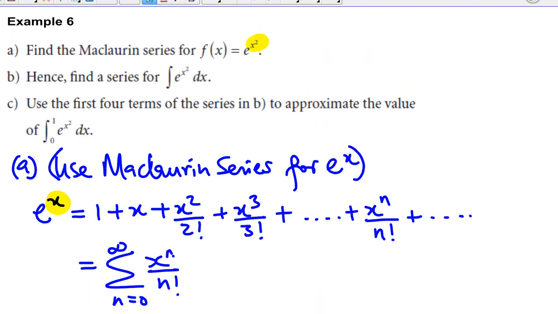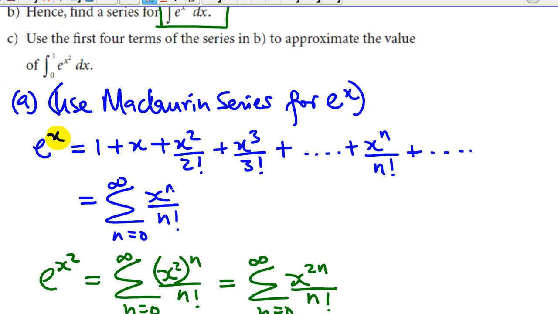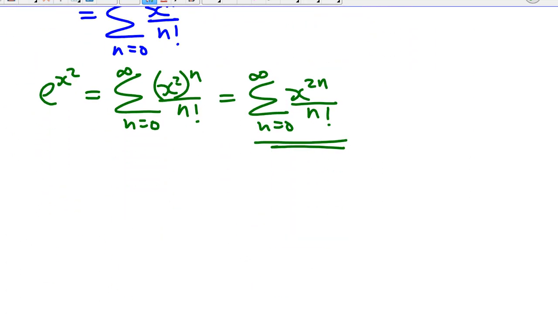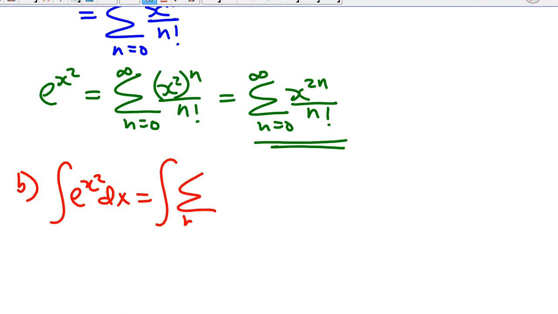So A is done, and then B, we need to find the integral of that with respect to x. So for B, we need to find the integral of e to power x squared with respect to x, which will be the integral of the sum from n equals 0 to infinity of x to power 2n over n factorial, with respect to x.